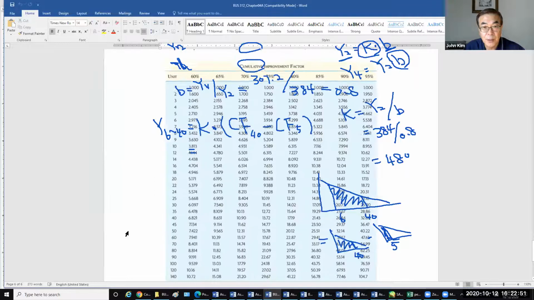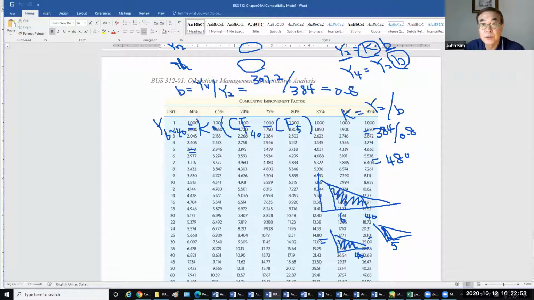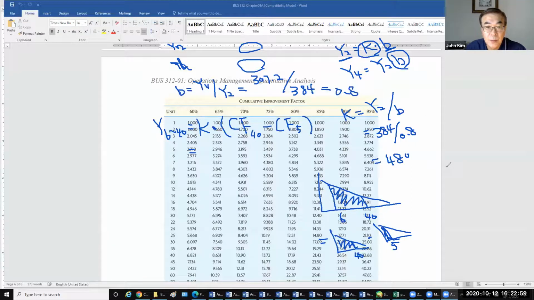So 80%, I will change color. 80%, and then 40, this one, and 5, this one.